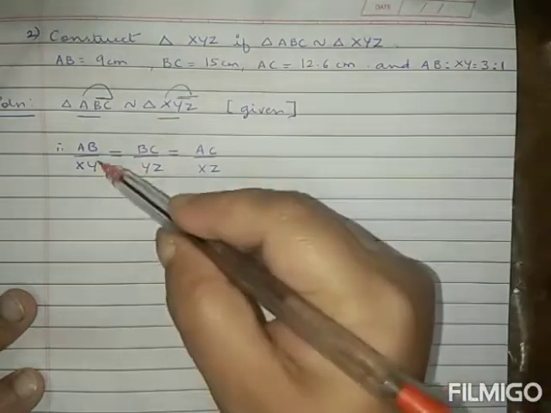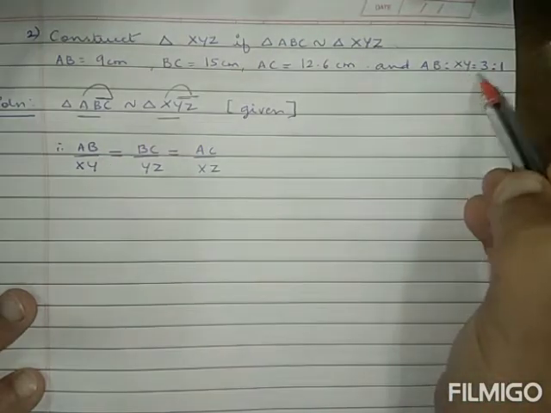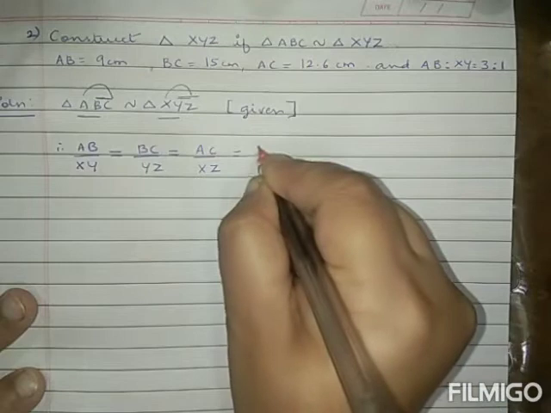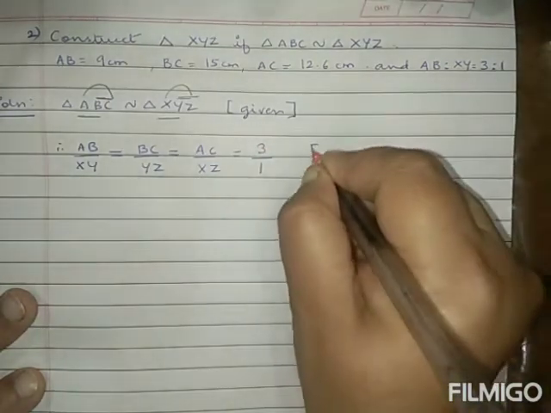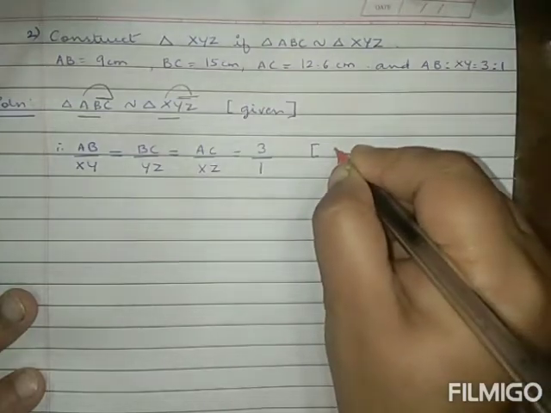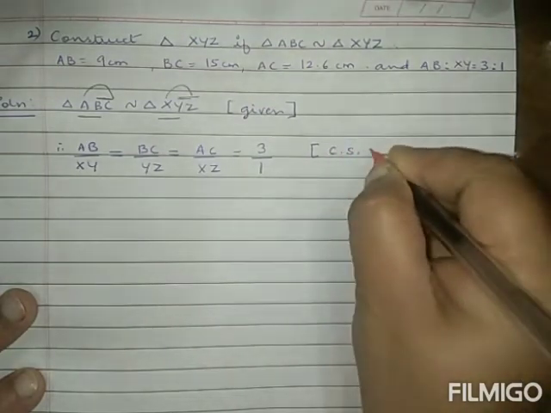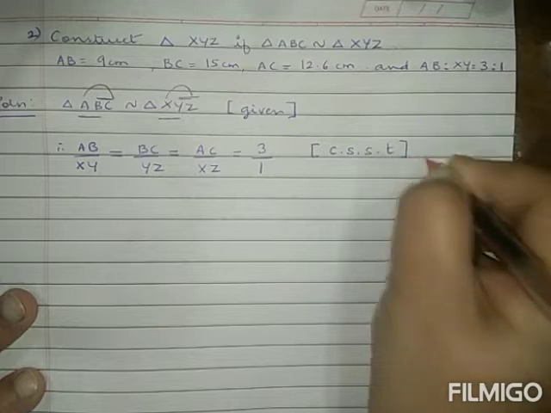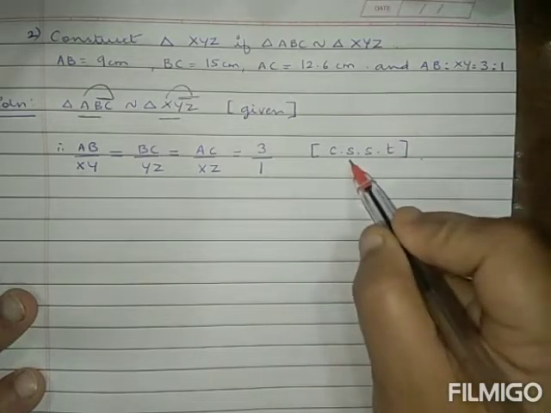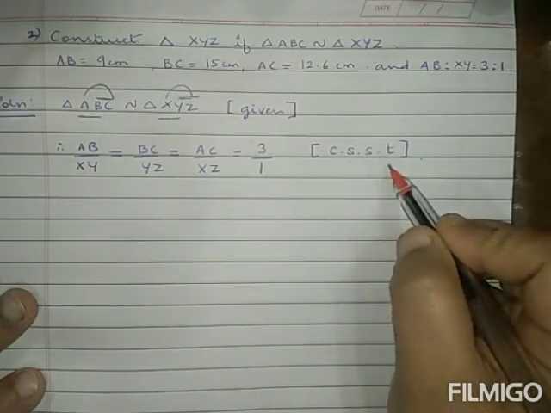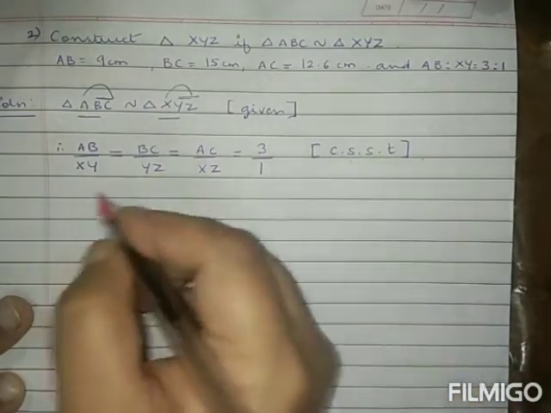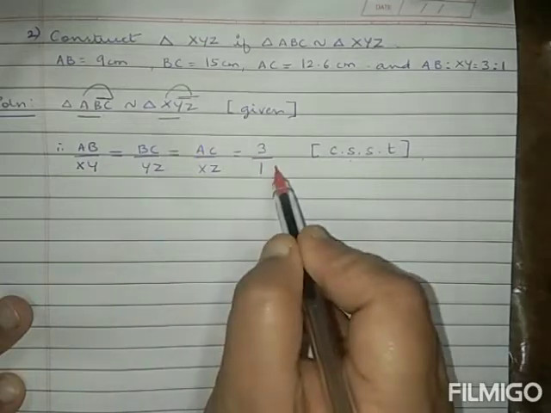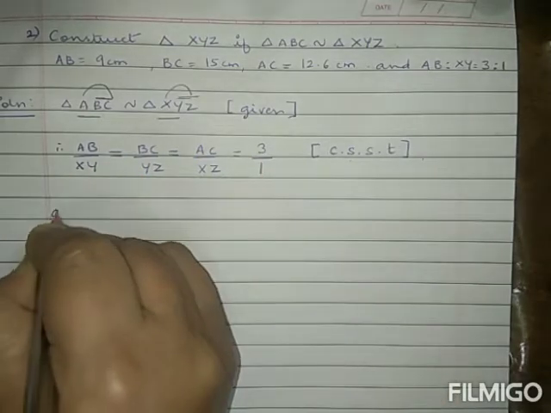And what is this AB upon XY given to you as? 3:1. That means 3/1. The reason that we saw was CSST, that is corresponding sides of similar triangles. So as we solved in the previous sum, let us take each of these ratios and get the answer.